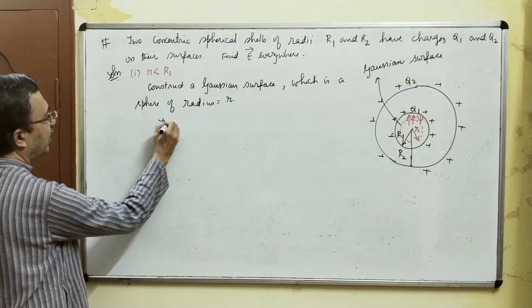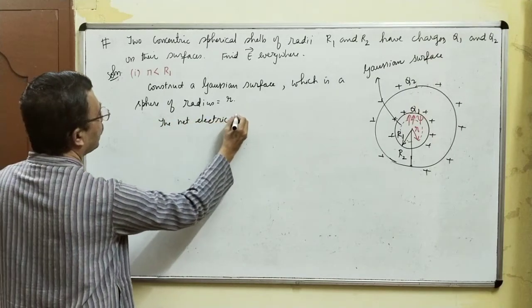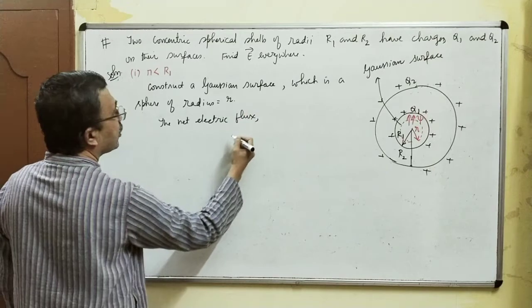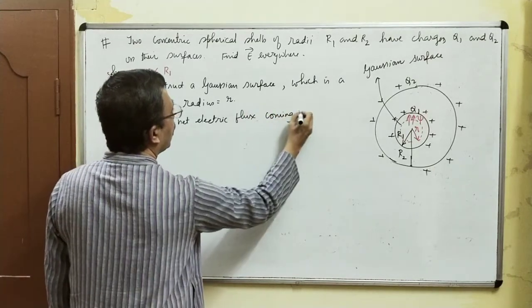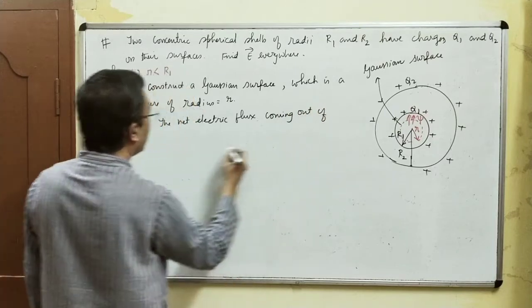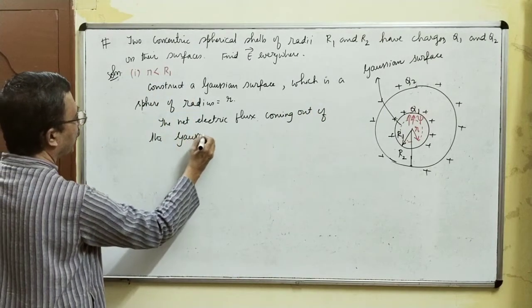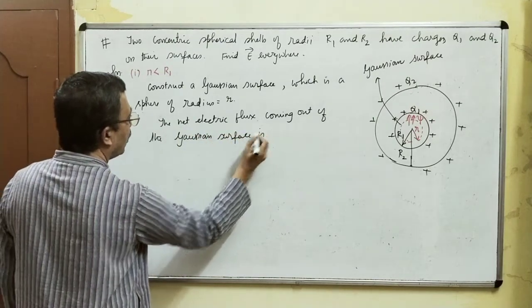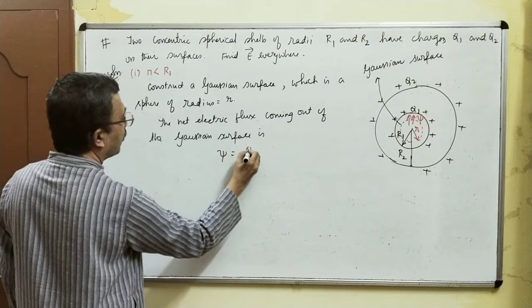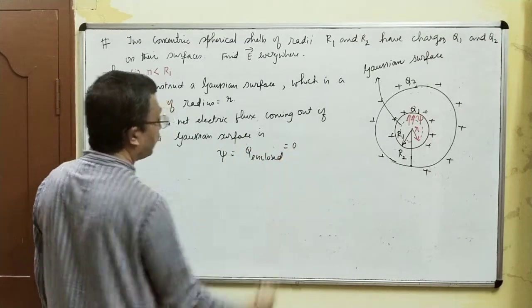The net electric flux coming out of the Gaussian surface is psi equal to charge enclosed. What is the charge enclosed? Charge enclosed is 0.